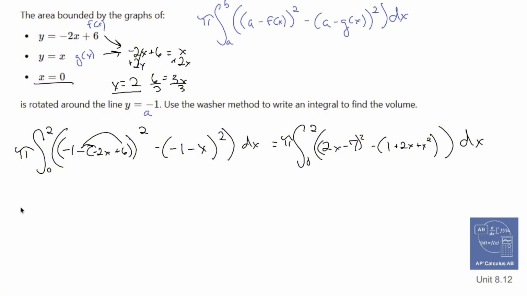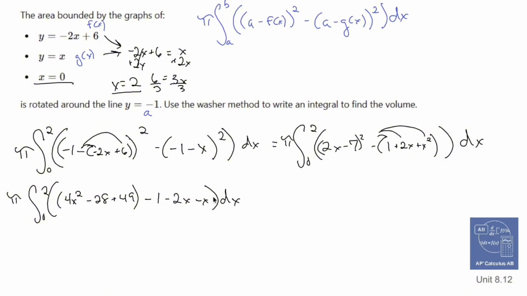Why don't we perfect square trinomial that, and you get 4x squared minus 28x plus 49 minus, while we're at it, why don't we distribute the negative here? 1 minus 2x minus x squared dx. So we could still do a lot of combining before we even integrate.